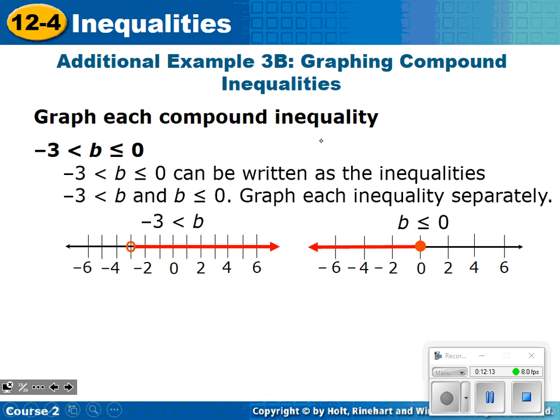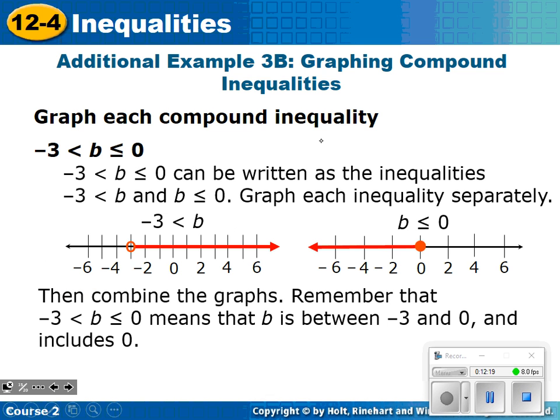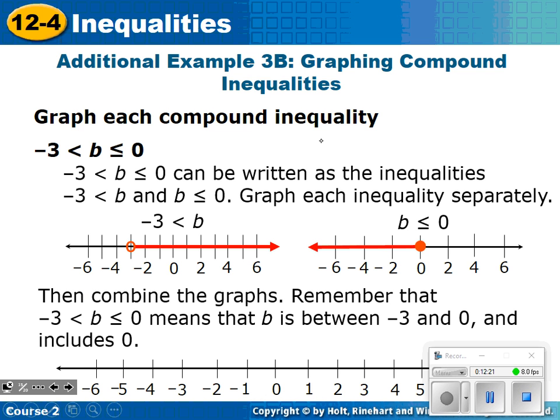If you do both the separate inequalities and they are pointing at each other, your final one is just shaded in between. You see the difference? You know how the first one, they were both shaded out, away from each other? This one, they're both shaded in towards each other. Don't draw any arrows. Just color in between, okay?